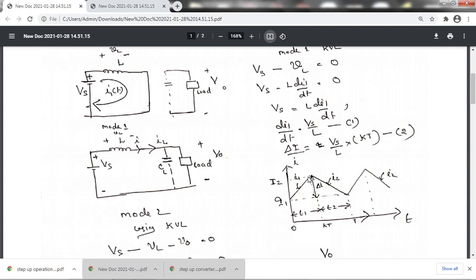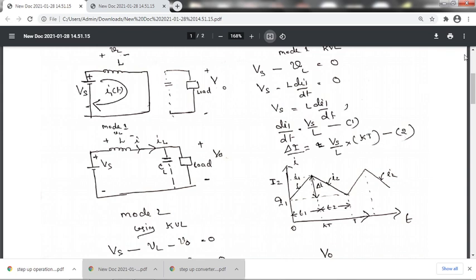So I2 minus I1, delta I, equals Vs by L into kT. You call this equation 2.